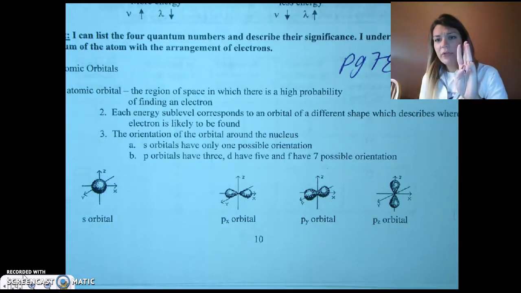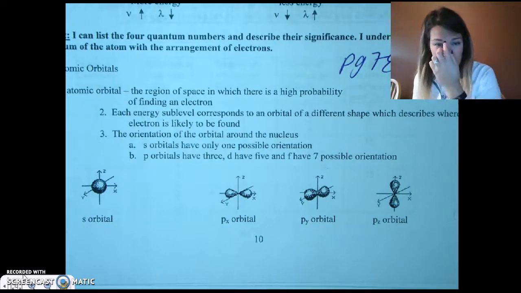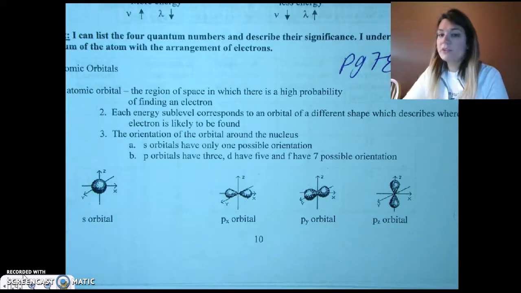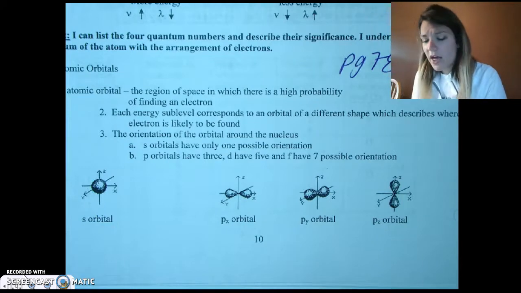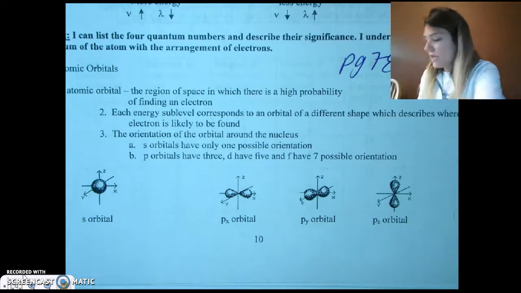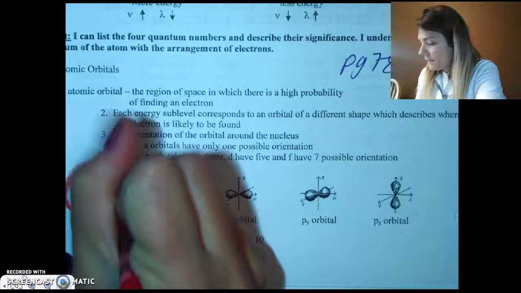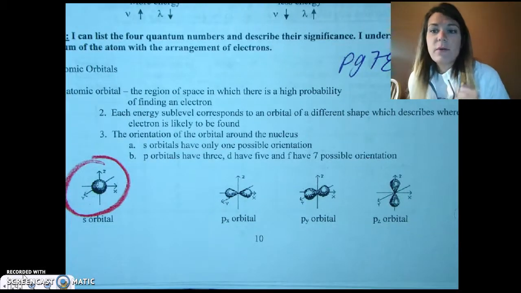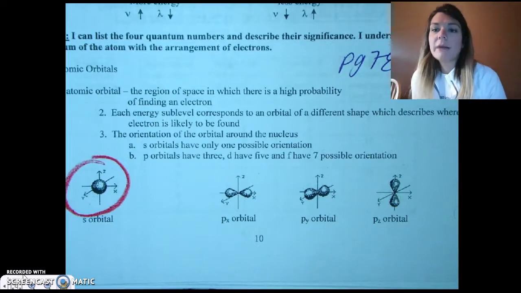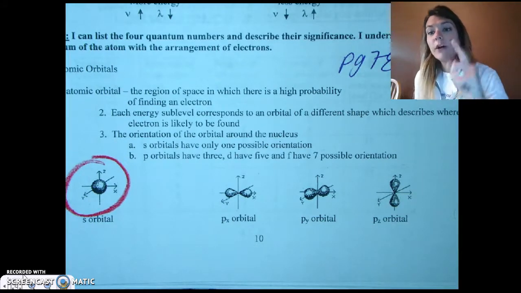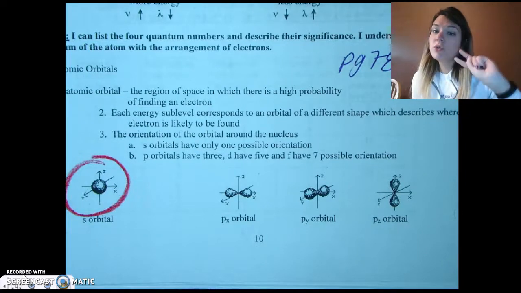We're going to talk about 3 different orbitals, so grab 3 different colors. The first one I'm going to talk about is the s orbital. One orbital can hold a maximum of 2 electrons.